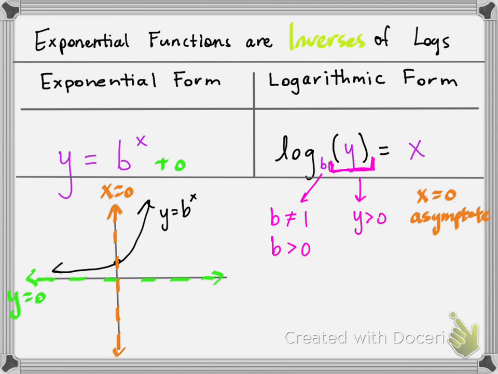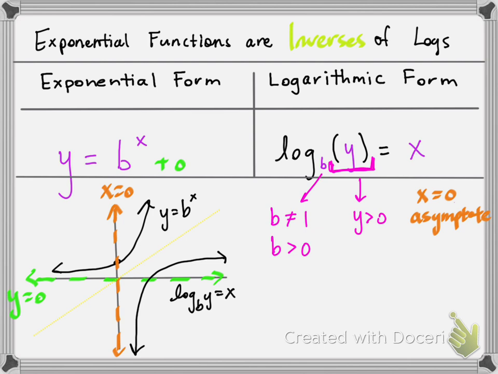In that case, things about inverses are that they reflect over what we call this reflection of y is equal to x. So a logarithmic graph is going to look like this. And in this case, it's going to be log base b of y equals x. That's going to be my log function.